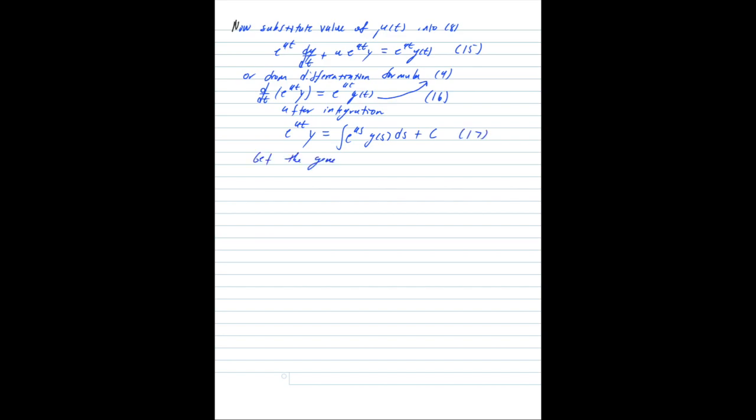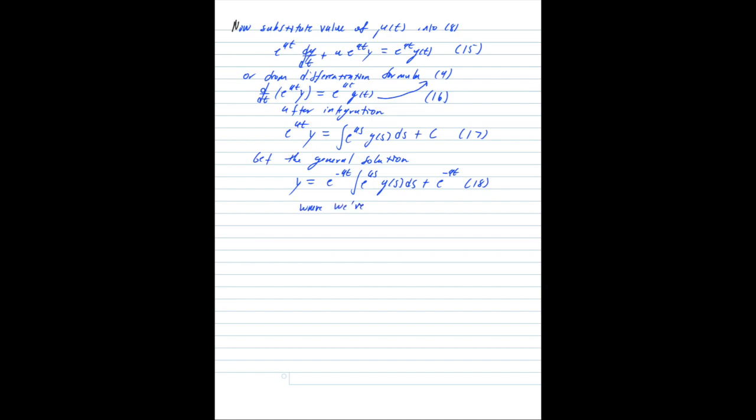And then we can integrate and we get e^(at) multiplied by y is equal to the integral of e^(as) multiplied by g(s) ds plus c, and that's going to be equation 17.